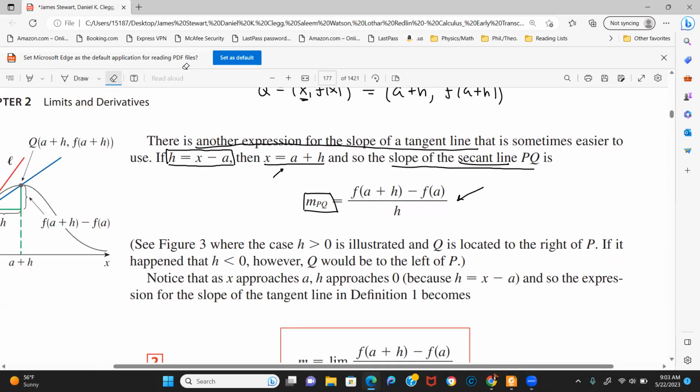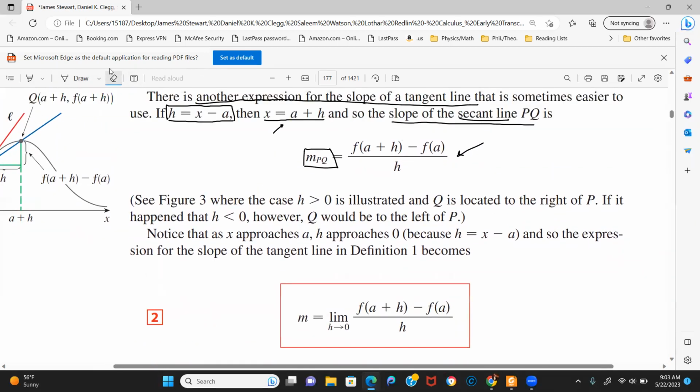And then note that as x approaches a, h is going to approach 0, right? Because h is equal to x minus a. So as x goes to a, this implies h, which is defined as x minus a, is going to approach 0.